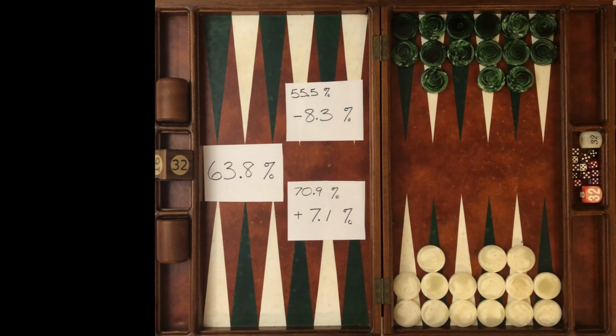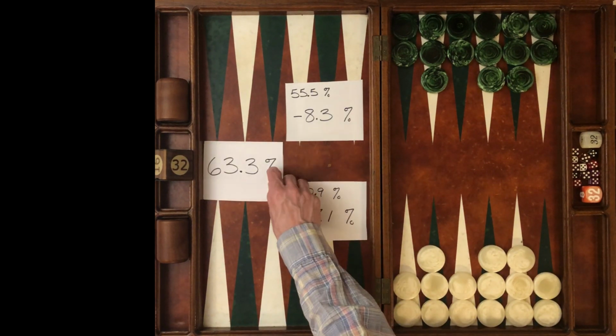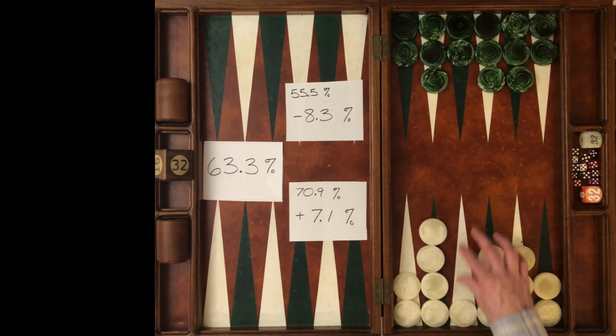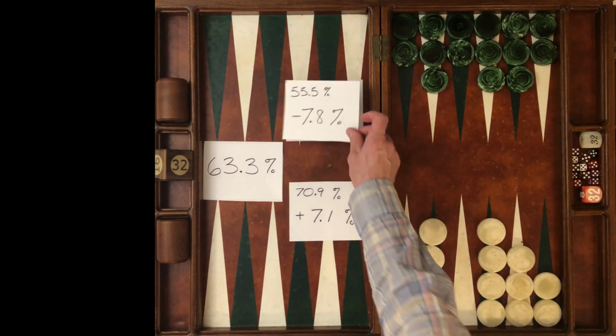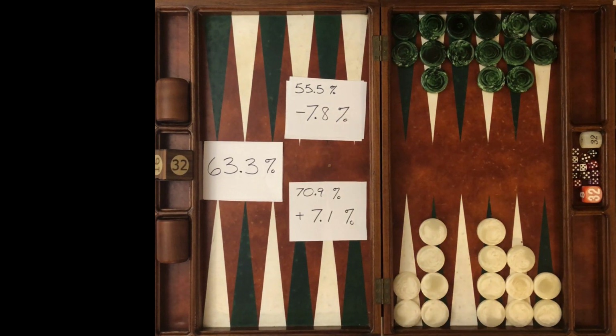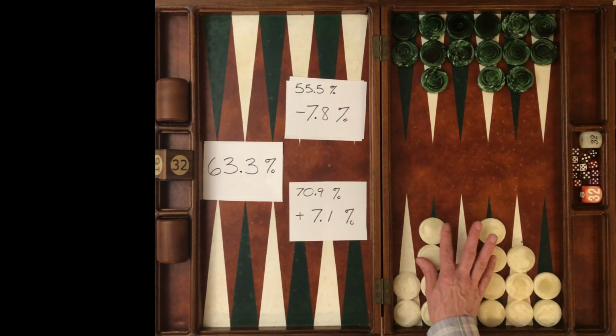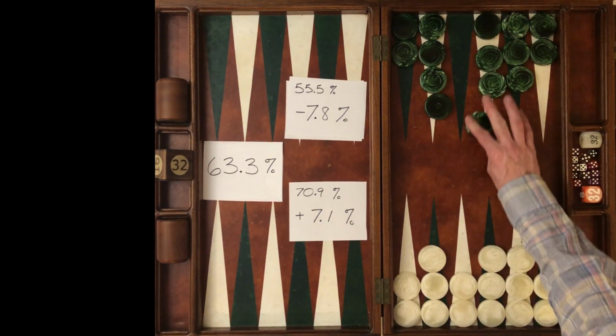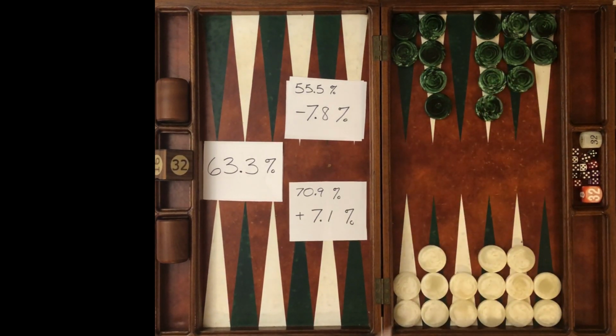Our next one, in this position, as is, our winning percentage is 63.3%. If we have a gap without changing the pip count, we lose again almost 8% in winning percentage. And if instead that weakness is on the opponent's side, we gain almost 7% winning percentage.